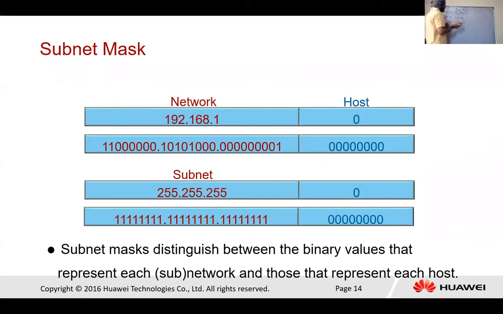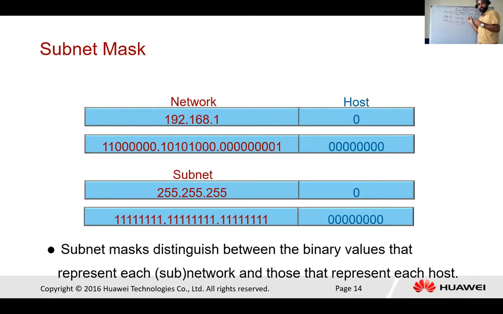After that, the default subnet mask depends upon the class type. If the class type is A, the default subnet mask is 255.0.0.0. This subnet mask tells us the network ID and the host ID.